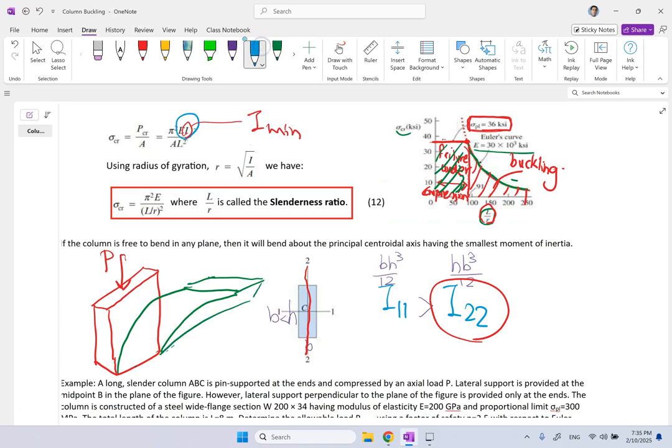Or is that going to bend in this direction? Which one? The answer is this one, because this has the smaller I about its axis. So the direction it is bending is about the I of the minimum axis.